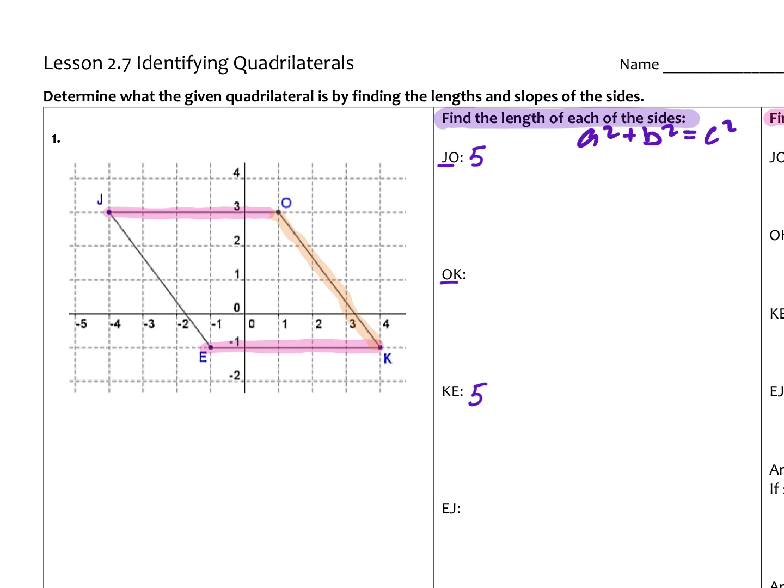So how do I do that when I'm finding that line? How do I find a and b? I'm going to make a triangle. I'm going to make this triangle right here. I'm going to make a right triangle. Good. So I made a triangle.